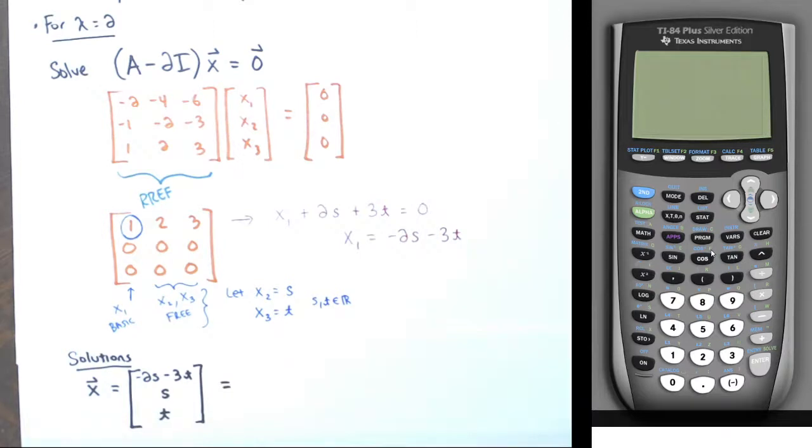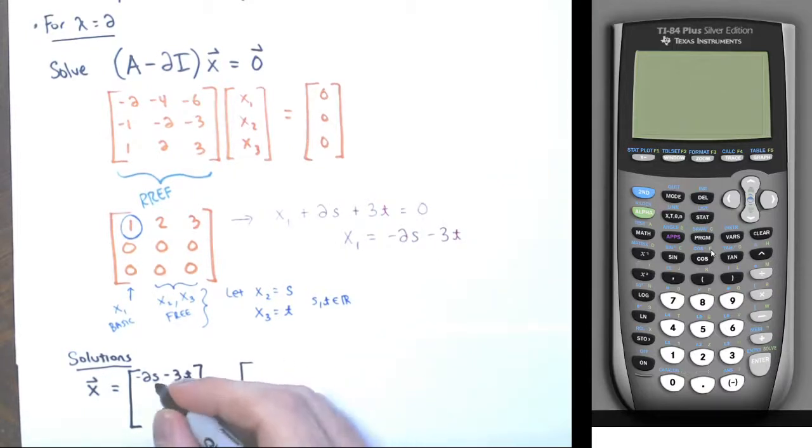Now, you've probably seen something like this before when we talked about null space of a matrix. Two free variables, so I could split this vector up into the sum of two vectors, one involving s and one involving t.